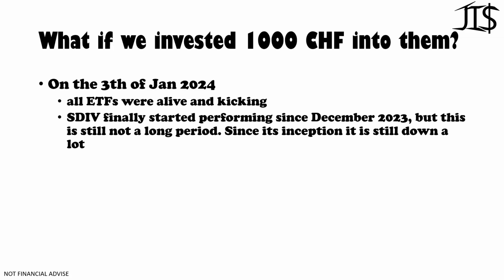The same you can say for the JP Morgan ETF, of course, because it was only started at the end of last year. And since its inception, the SDIV one is still down a lot. So I'm still treating SDIV with a lot of caution.